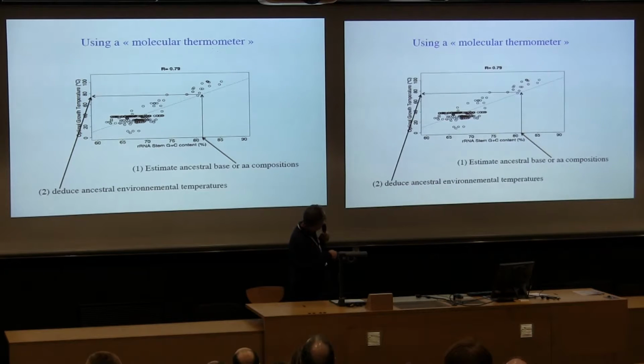Using these positive correlations between molecular feature and environmental temperature, it is possible, if one can estimate the base or the amino acid composition of an ancestral organism, then through this correlation we can deduce the environmental temperature at which this organism lived.